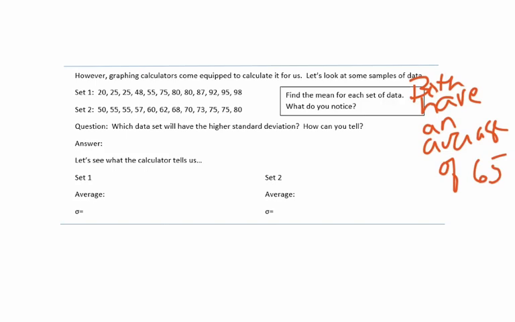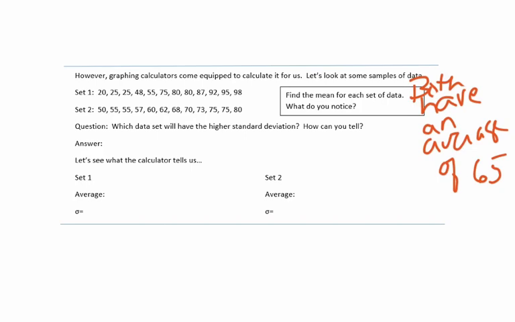Okay, and so that's what you should notice. So when you look at those two data sets, the middle of each data set is in the same spot. They both average together.